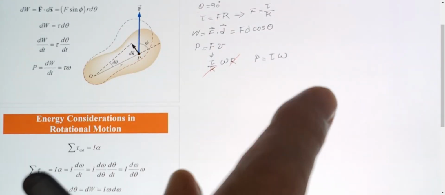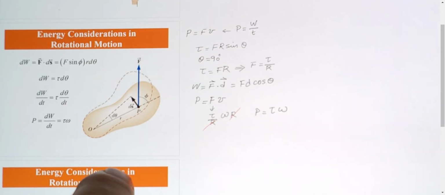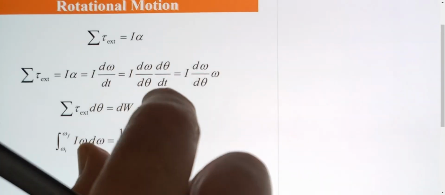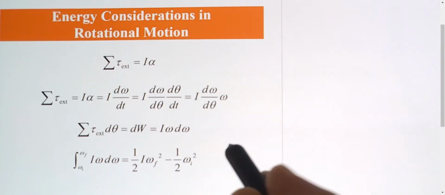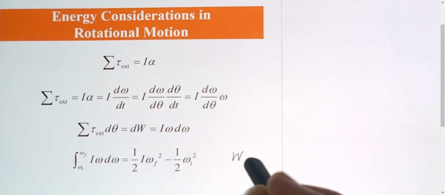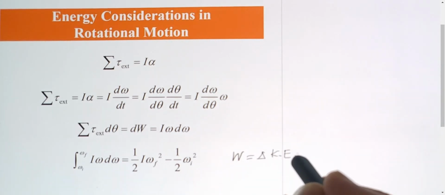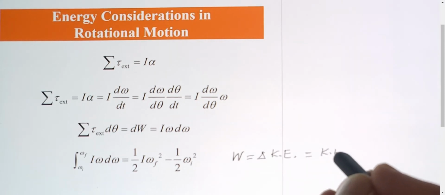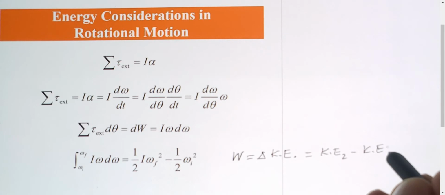Now we have the equivalent of power, and we have the equivalent of kinetic energy. And if you remember, we said work is equal to the change in kinetic energy from previous chapters, meaning kinetic energy 2 minus kinetic energy 1.